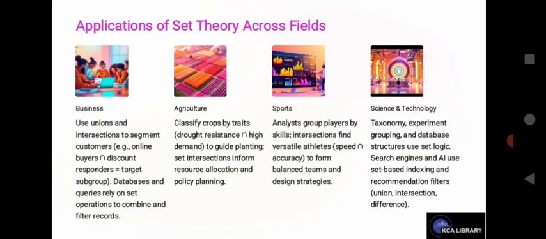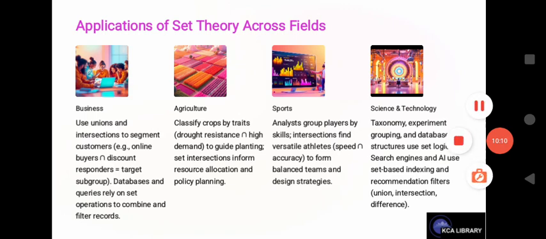In sports too, analysts group players by skills. Intersections find versatile athletes. You can look at speed and accuracy. They make use of that to form balanced teams and also design strategies. What of agriculture? What do we use set theory for in agriculture?